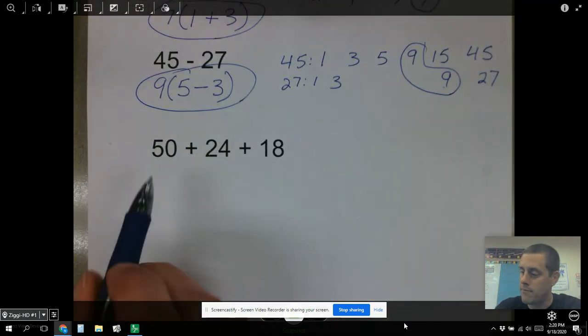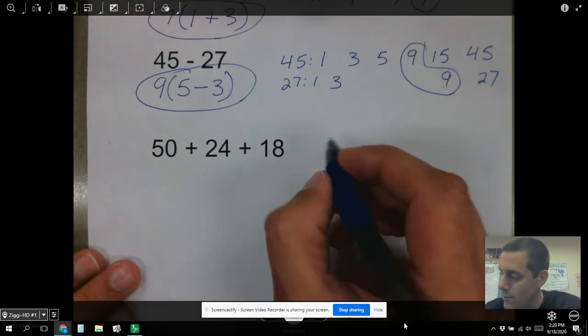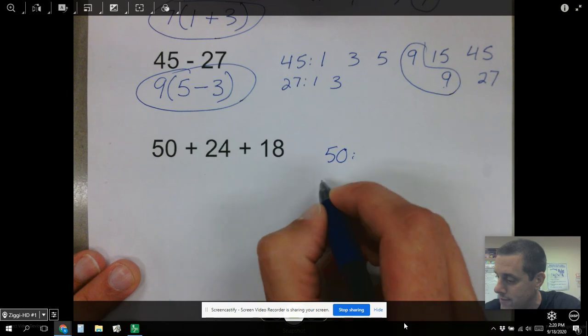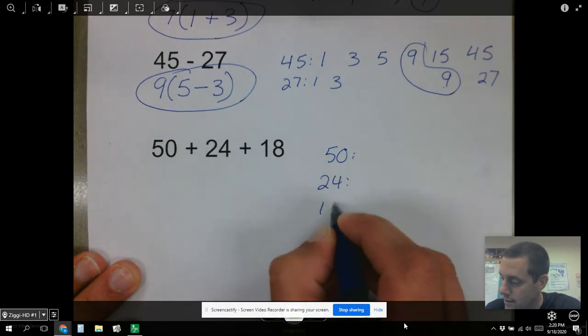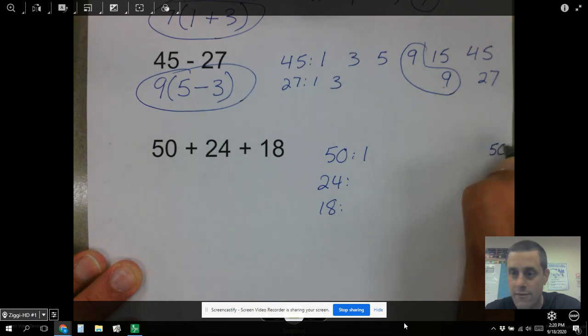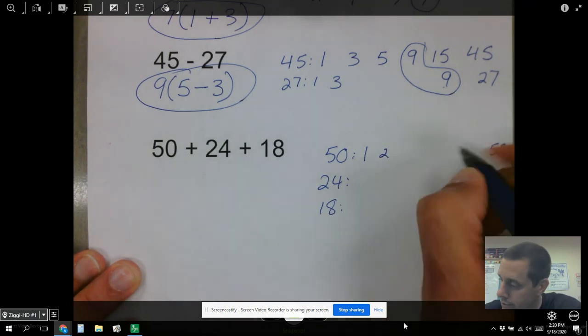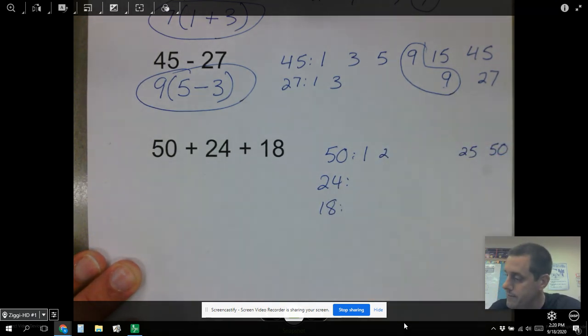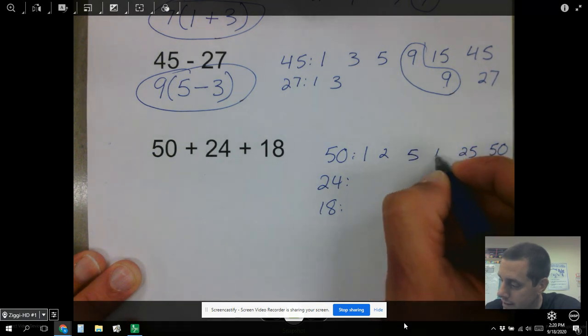All right, final problem, 50 plus 24 plus 18. We have 3 values that we need to factor, 50, 24, and 18. Starting with 50, factors are 1 and 50, 2 and 25, 5 and 10.